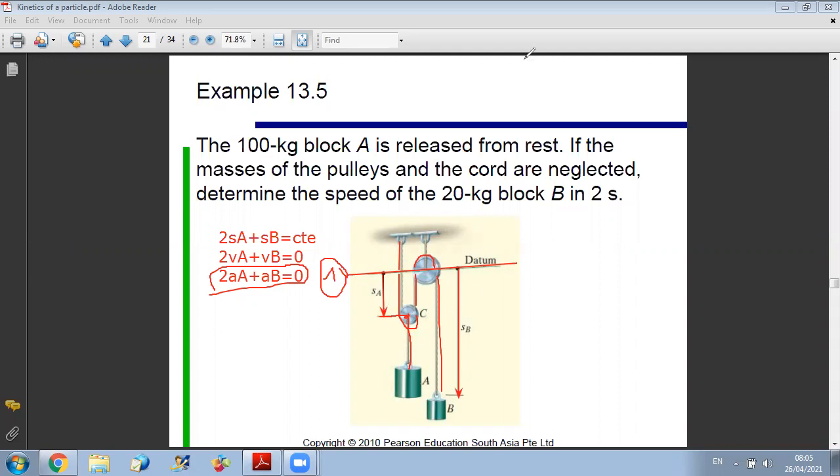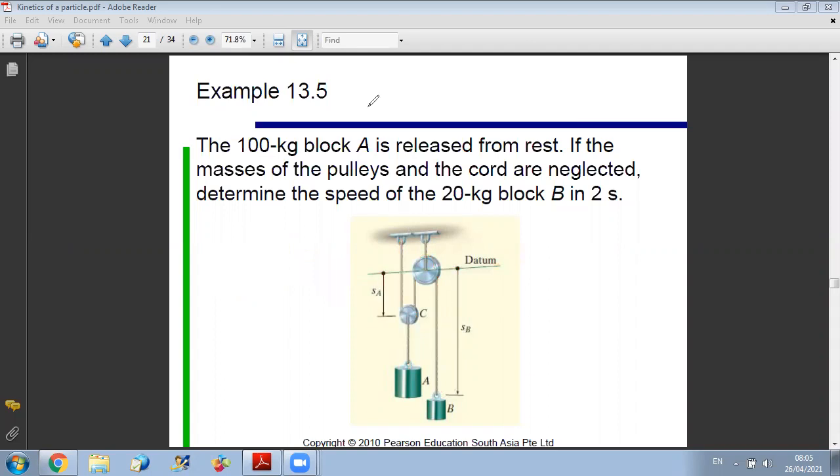So here, if I look at my figure, I have first, if I consider block A is attached to pulley C through a cable. So I can consider that we have here a tension T1. And we have, of course, the weight of the block, WA.